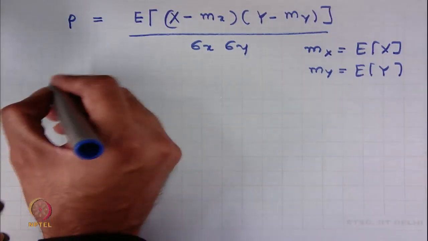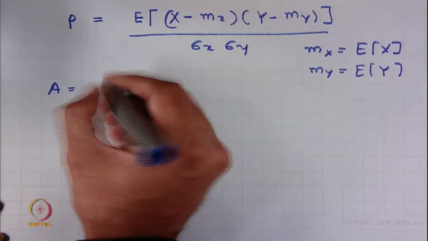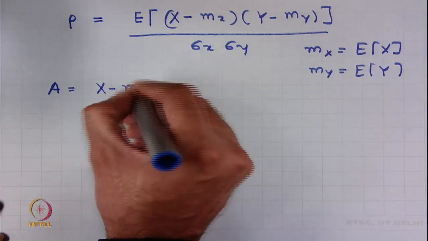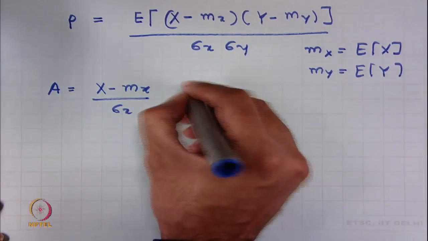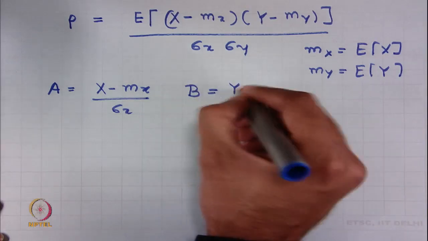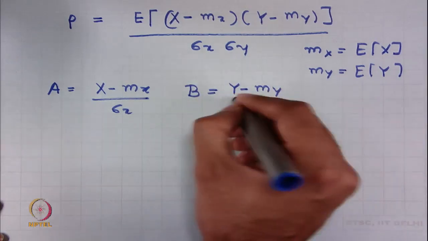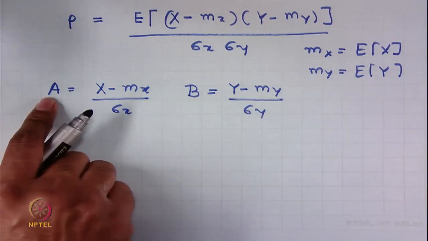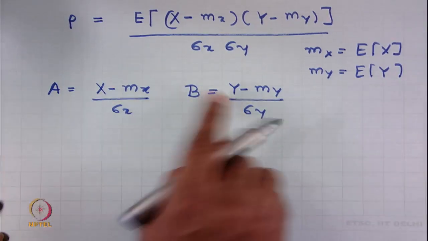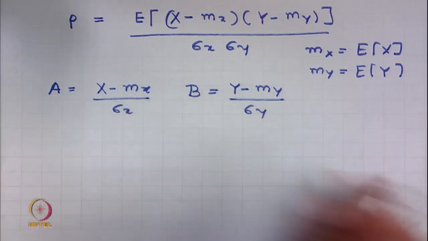So, let me define A as x minus mx by sigma x, and let us define B as y minus my by sigma y. Okay. Because x is a random variable, A is also a random variable, and y is a random variable, so B is also a random variable.